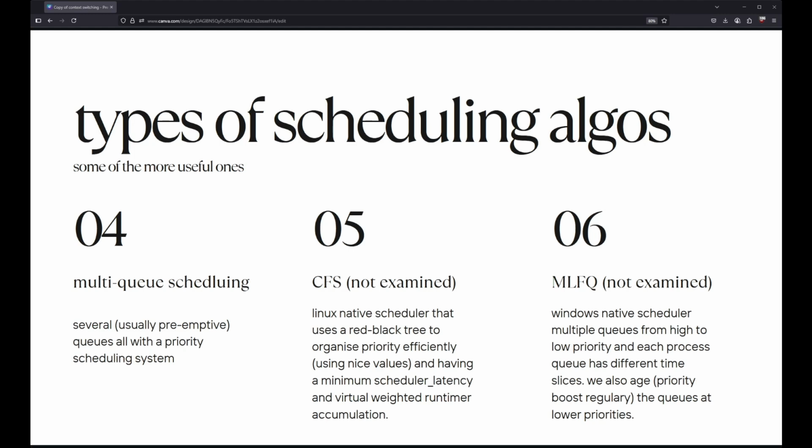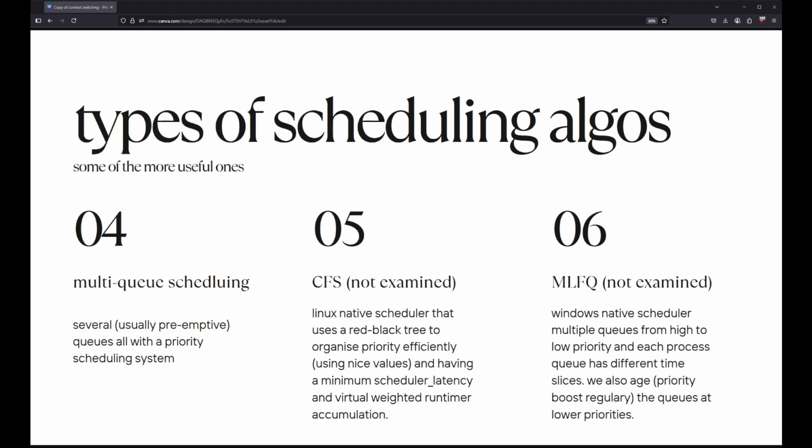And at the bottom, you'll have really large queues, which are usually kept for longer running processes. So as you go down through your queues, you will have a larger time slice, you'll have a larger queue size, and things like that.